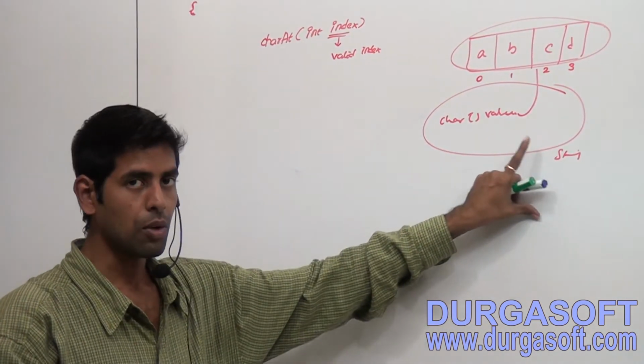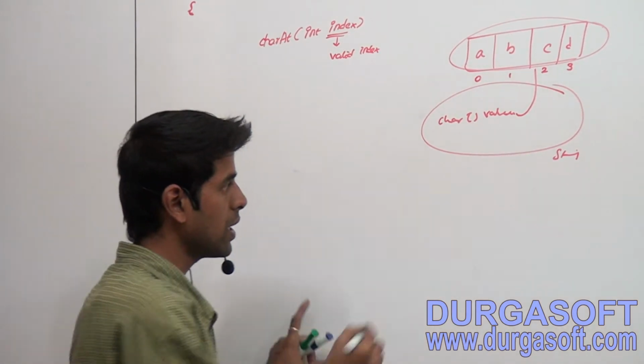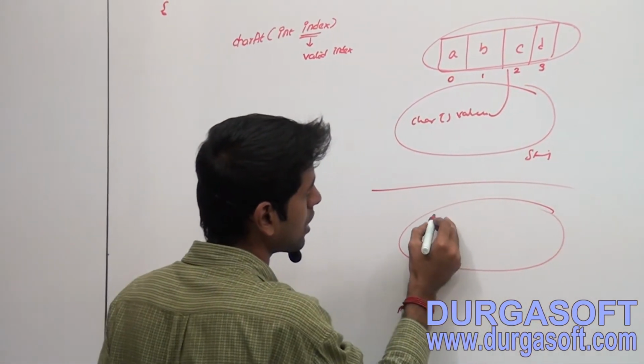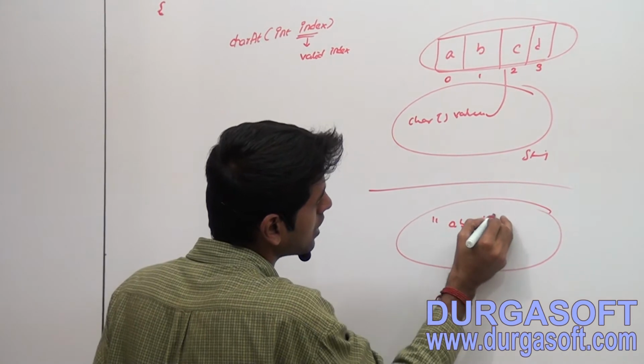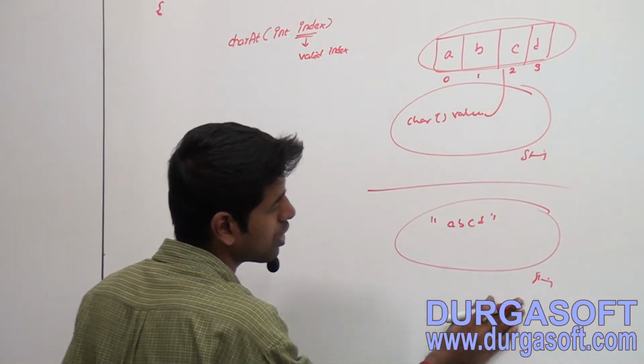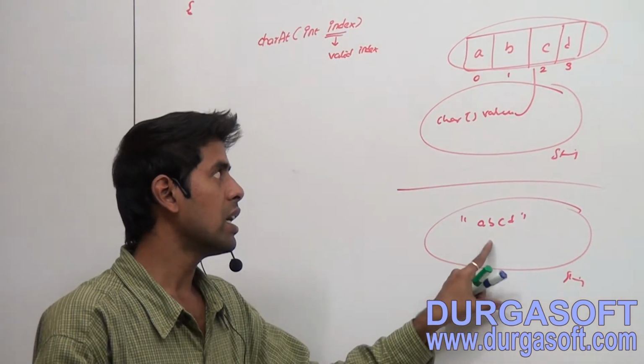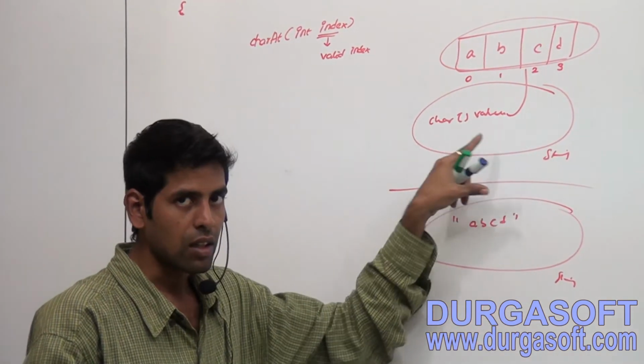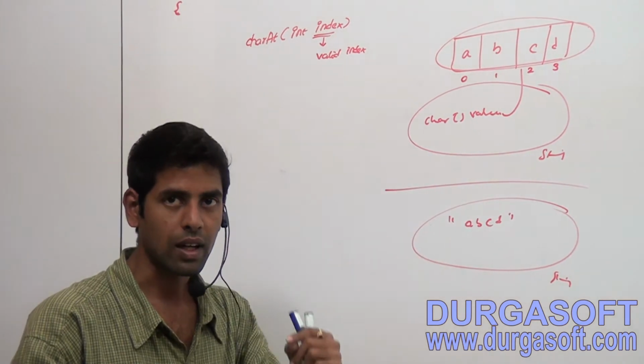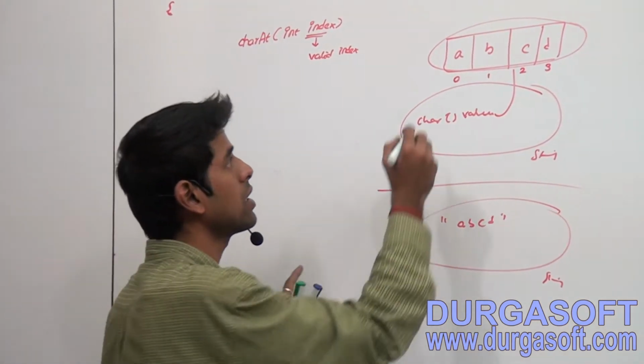Observe here, whenever you create a string object, A, B, C, D, we represent the string object in this way. Of course, internally the char array is going to contain our data in this fashion, friends.